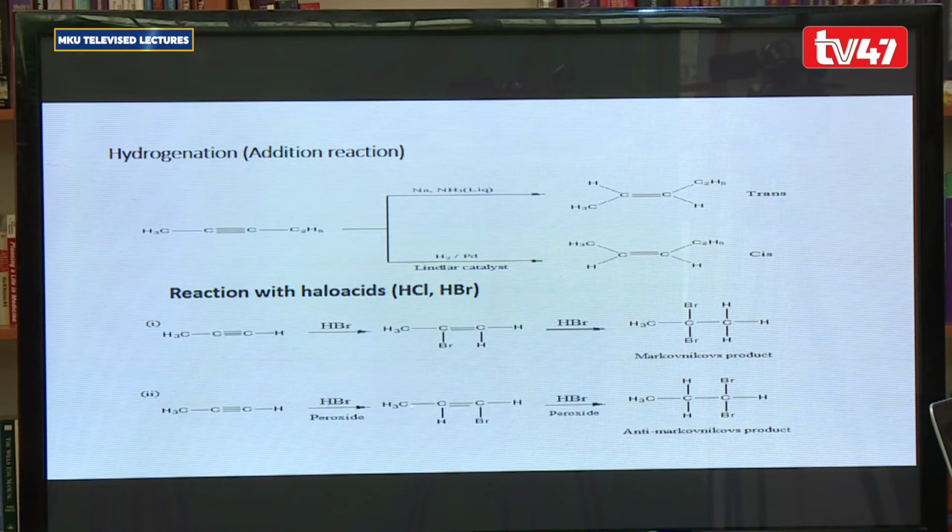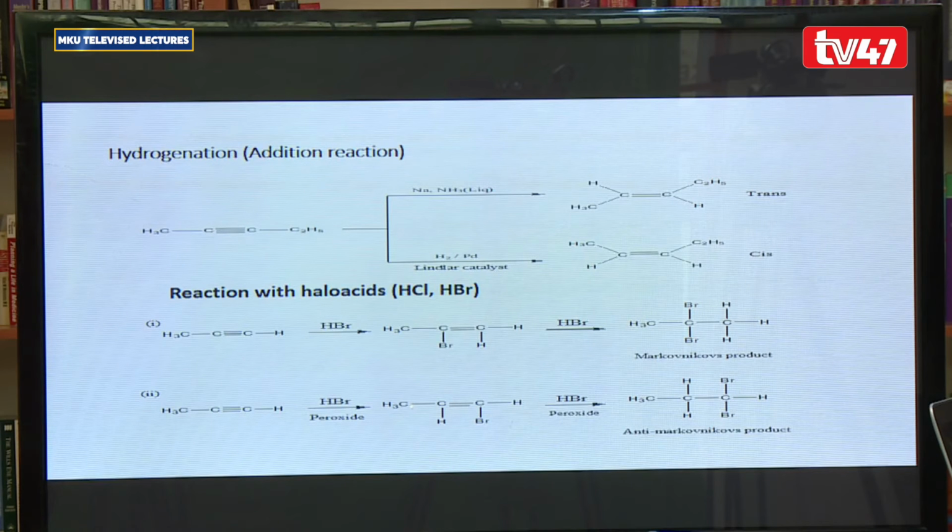When you form an alkene from an alkyne, we saw that alkenes exhibit geometric isomerism. So the type of geometric isomer that results from the addition of hydrogen or other groups very much depends on the prevailing chemical circumstances.